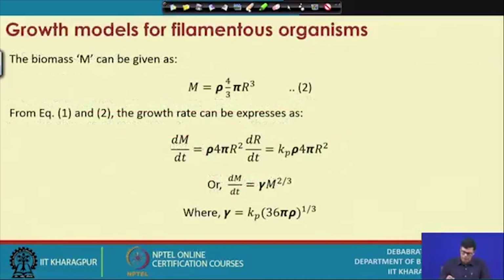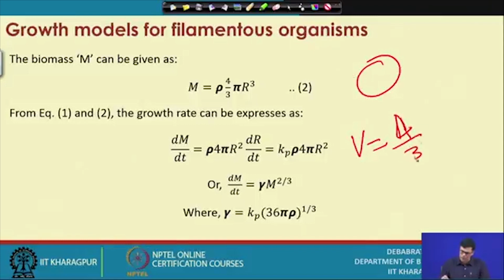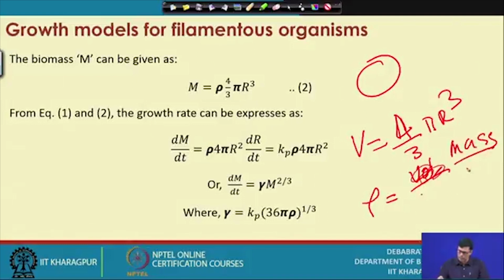Now here, the volume of a pellet, we can consider to be spherical in shape. What is the volume of the sphere? 4 by 3 pi r cubed. Am I right? Now what is rho? The unit of rho is mass per unit volume. Now if you multiply volume with rho, the density, this will obviously be mass.